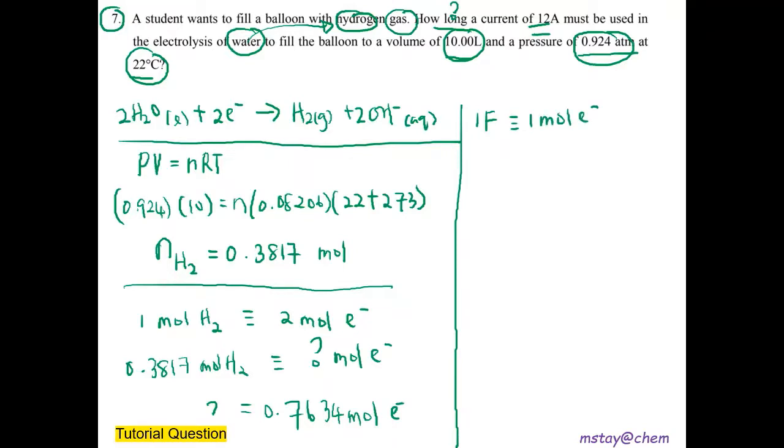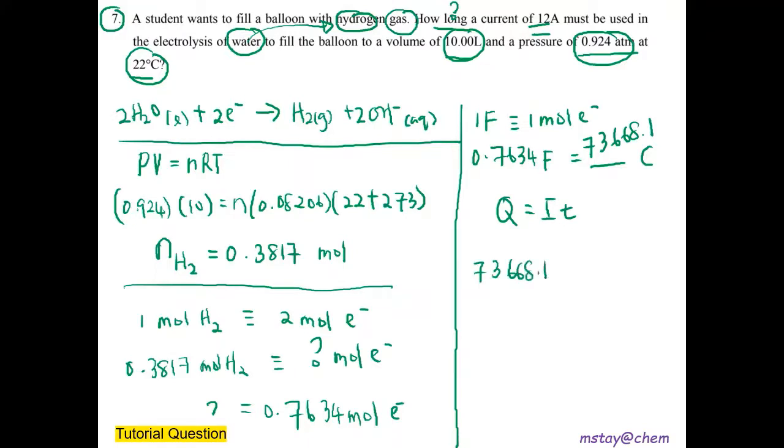So if now we have 0.7634 Faraday, we want to convert to coulomb, so we multiply with 96500, which is 73668.1 coulomb. So Q equal to It, 73668.1 equal to I times 12. T is the time, which we need to find out now.